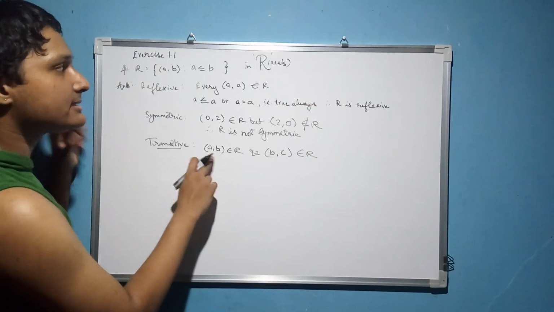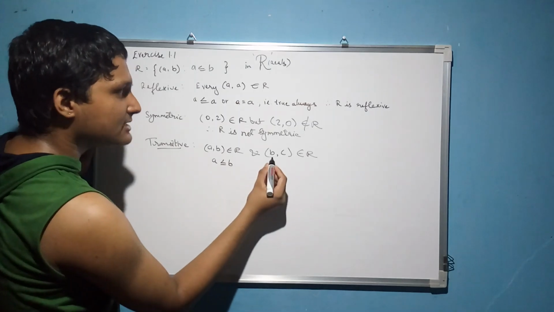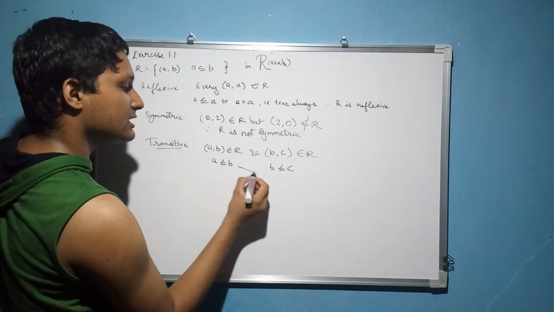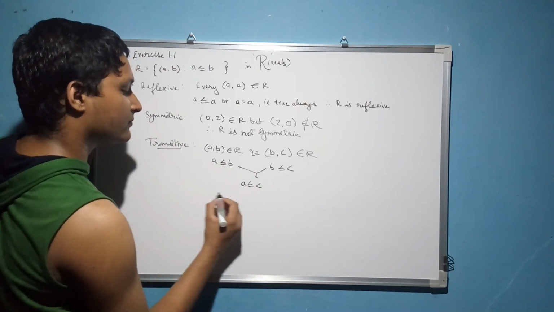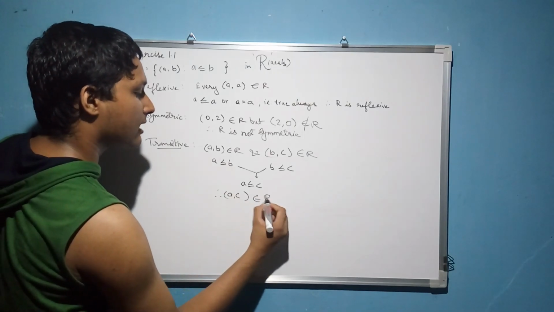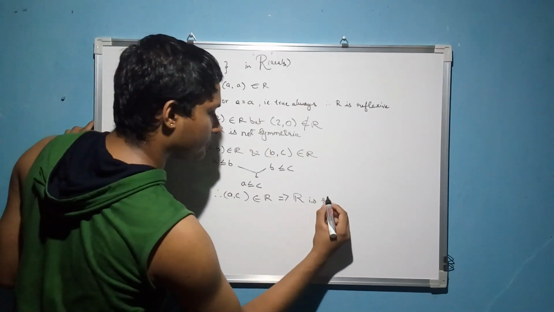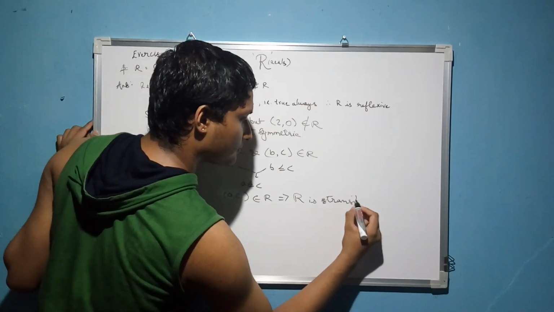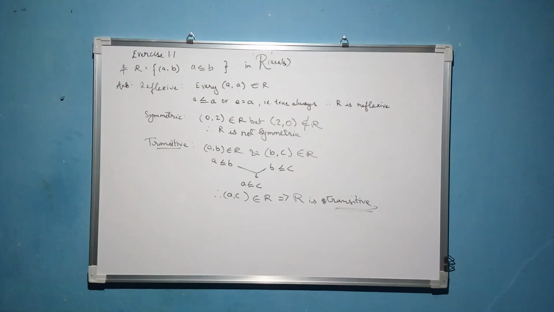It means that A is less than or equal to B, and B is less than or equal to C. From these two statements I can combine and write A is less than or equal to C. Therefore (A, C) also belongs to R. Therefore R is transitive. This is what is given in the question. You can just see and understand.